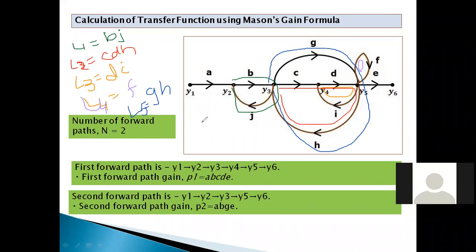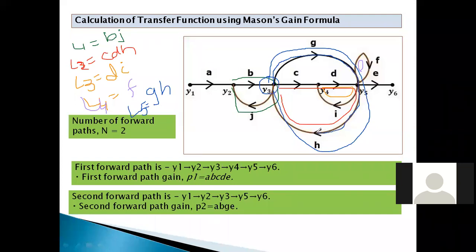L5 once more? L5, yes. Okay. So starting node, that is Y3. So if we observe, the signal is flowing in this direction. Again, it reaches to Y2 node, and again one more feedback it is.